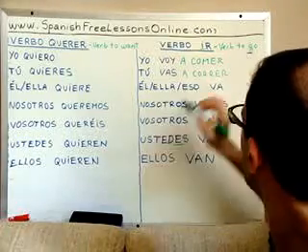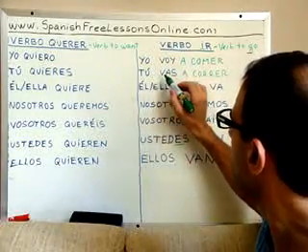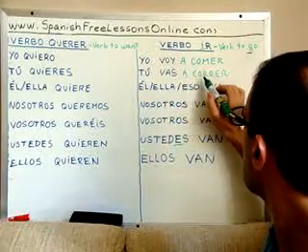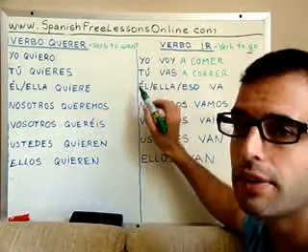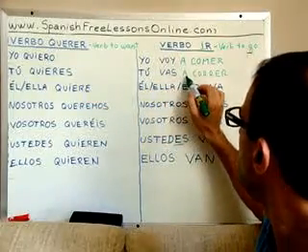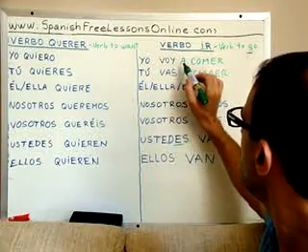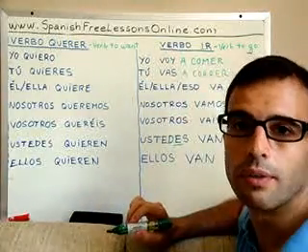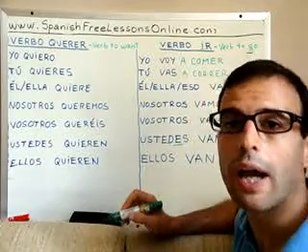Correr means to run. Tú vas a correr. You see that this literally word by word would mean you go to run. I go to eat. Right? But the phrase would mean I will eat.